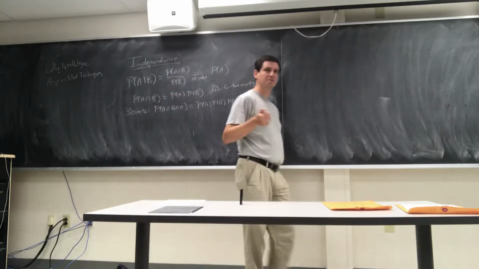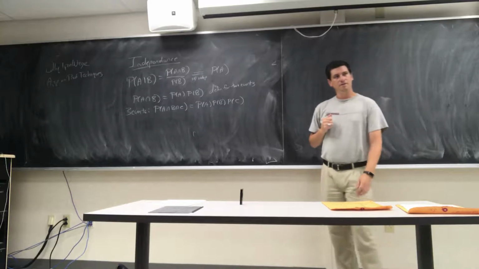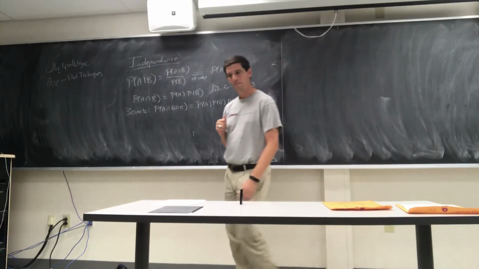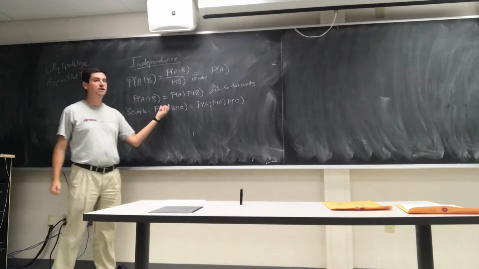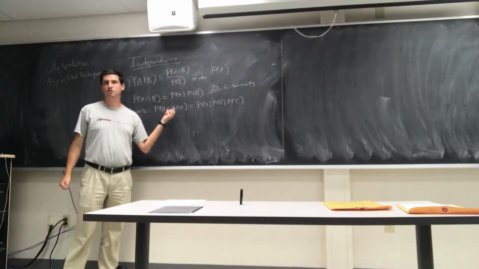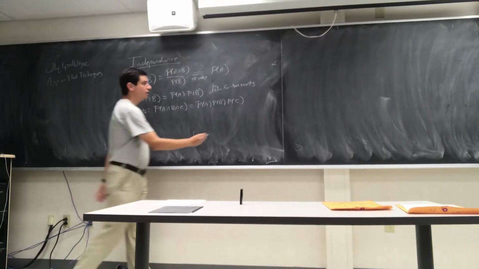I'm seeing some yeses and some noes. That could be true without each pair of events being independent, so this could be true without having A and B be independent. If A, B, and C are all independent, I would expect A and B to also be independent. So this is not enough.